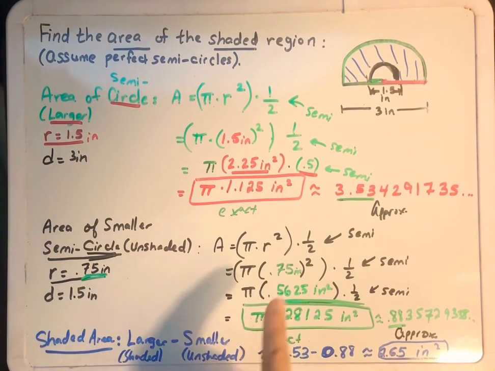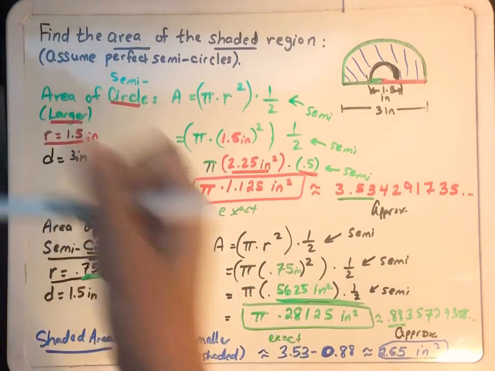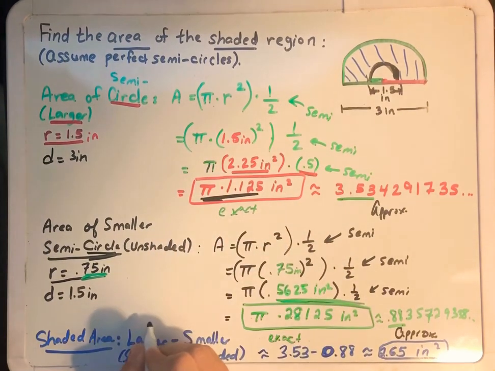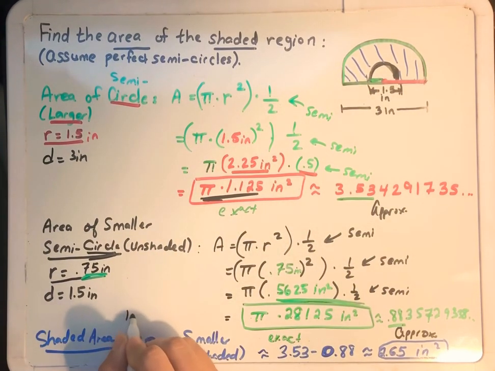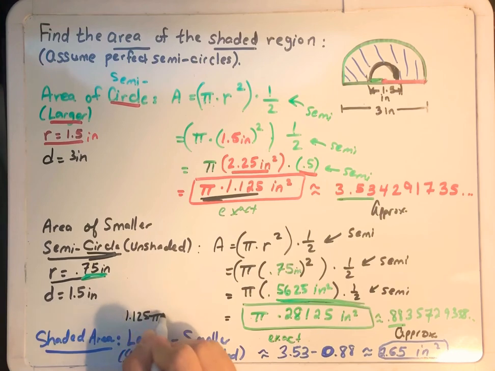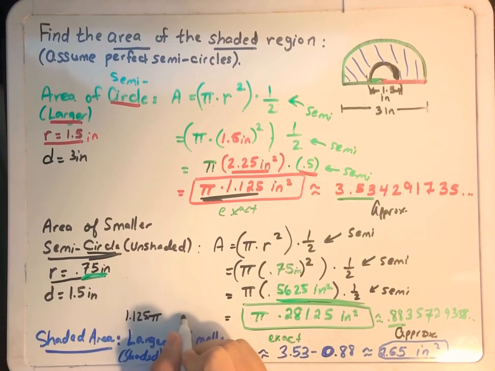However, one other thing you could have done is you could have taken your exact answers. The exact answer for the larger one was 1.125 pi, and the smaller one was 0.28125 pi.